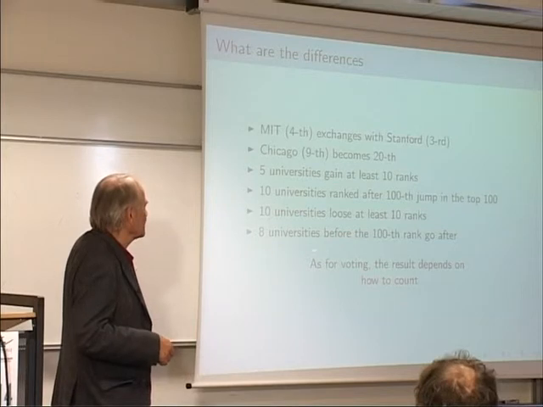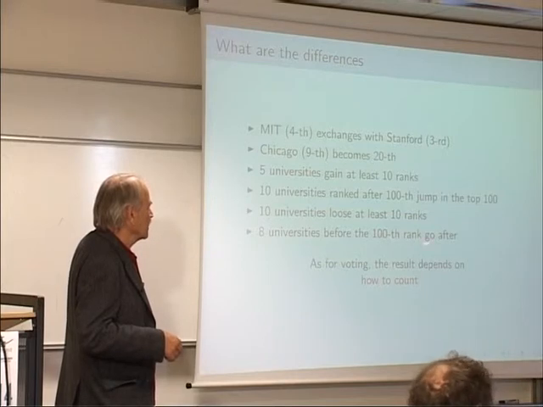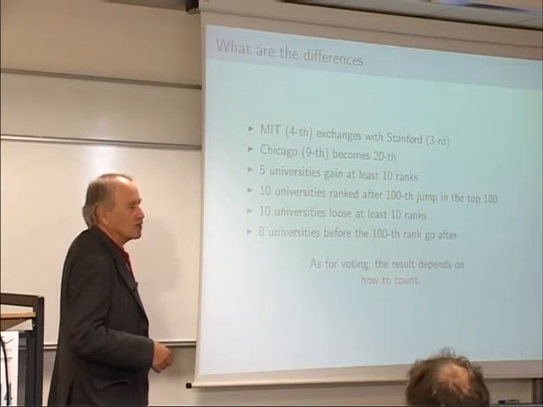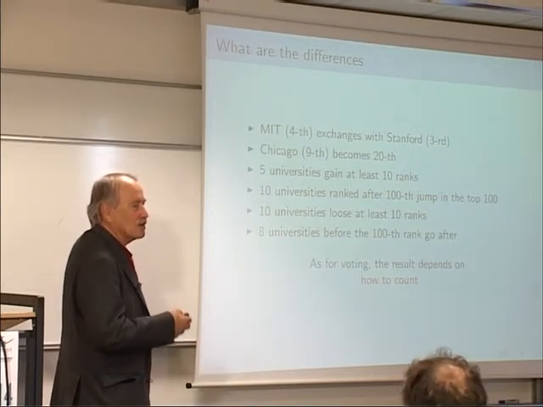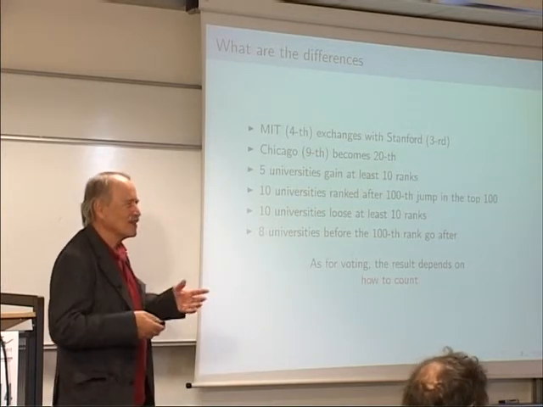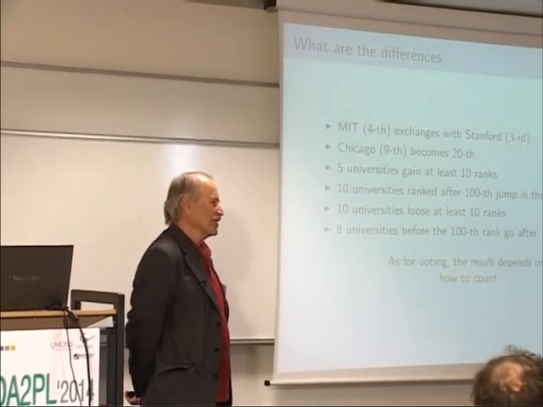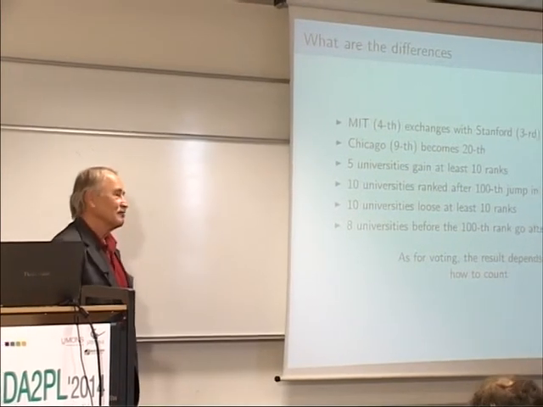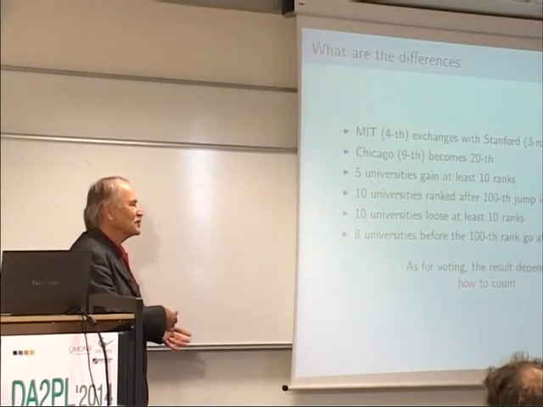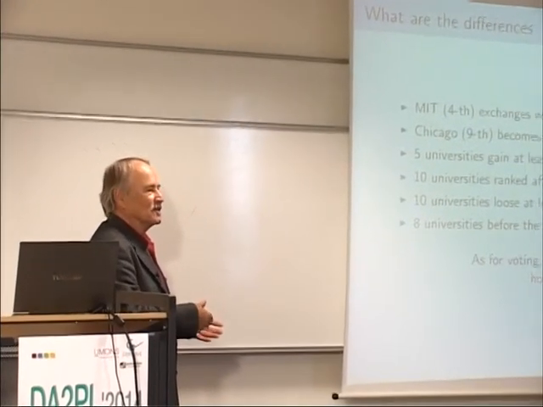So there is some difference, and each university before the 100th place ranks goes to after. But as I say, the question is how to count. Shanghai decides how to count. But for the universities which fight to gain one place or one rank or two, or to be in the top 100, they should decide which are the good criteria for them and which is the good method to decide.